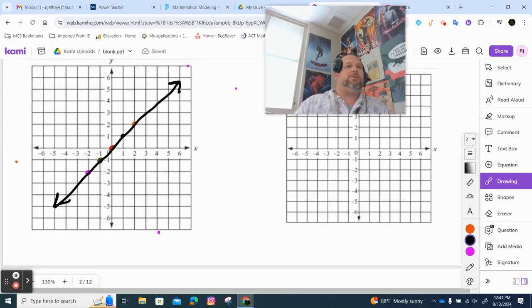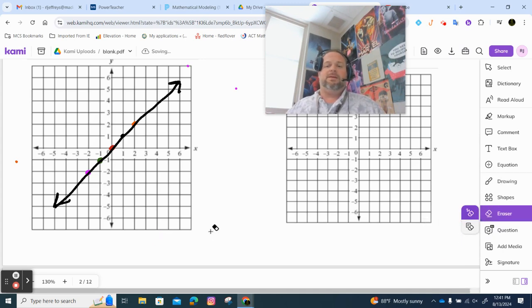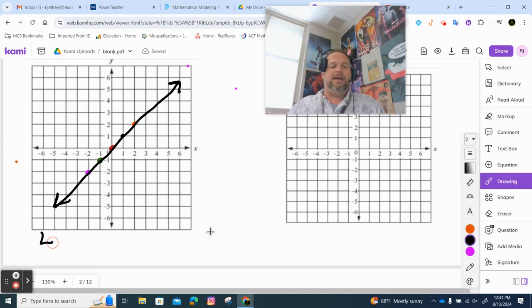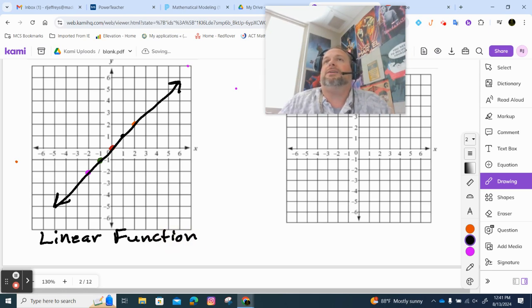Diagonal line. Well, you are correct. It is a diagonal line. But this is called a linear function. And I wonder why it's called a linear function. Because it makes a line. It's not anything special. Okay.